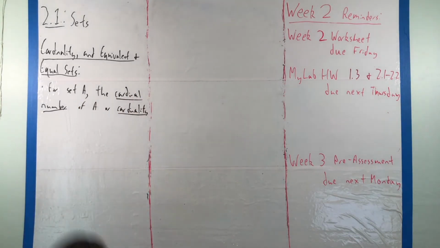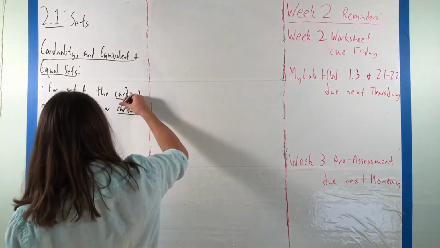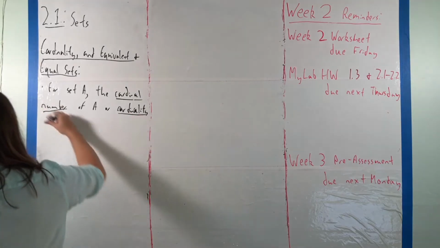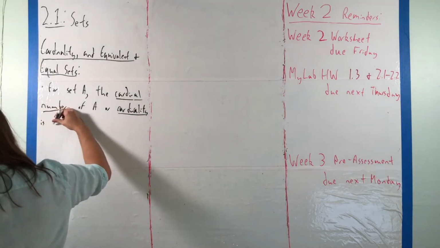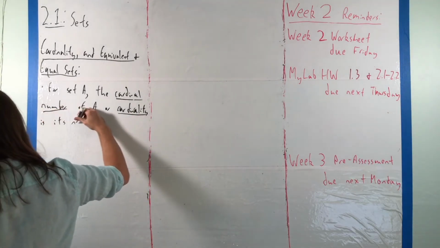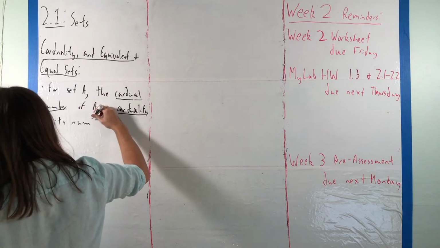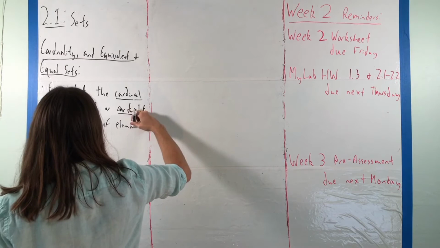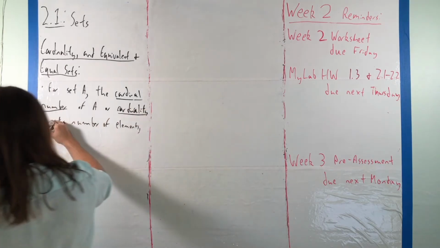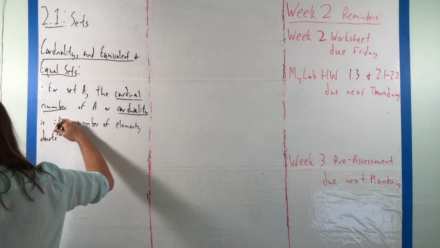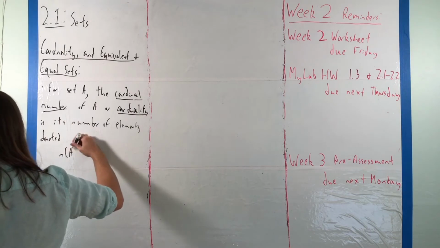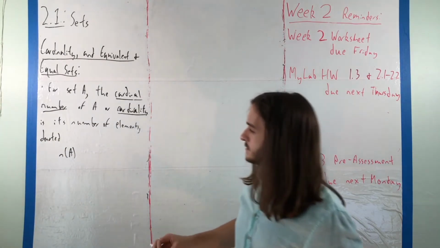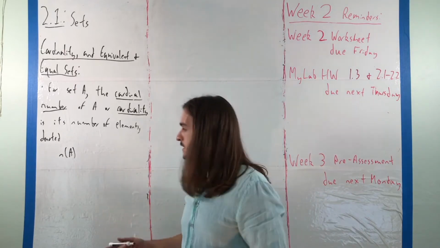I say cardinality, but cardinal number refers to the exact same thing. Is its number of elements. And it is denoted N(A) in parentheses.